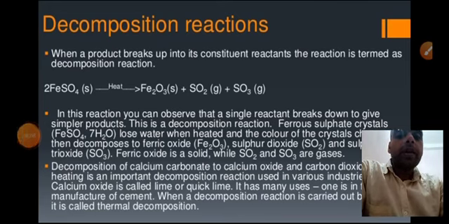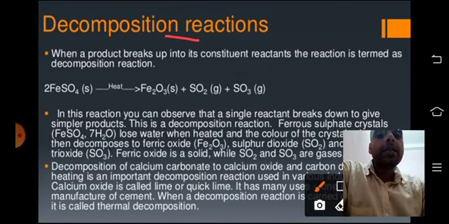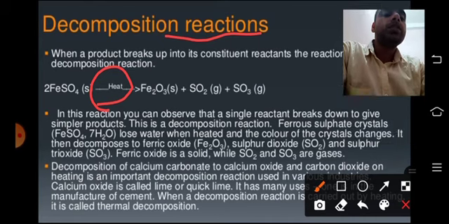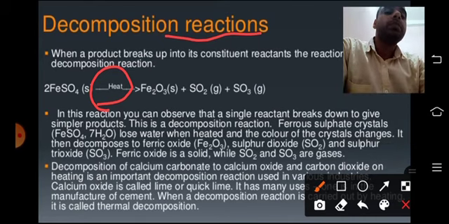Now in this one we will talk about the decomposition reaction. There are different types of decomposition, but here we have taken heat. That means this one is the thermal decomposition. If any breakdown you see takes place in the presence of heat, that can be called thermal decomposition.